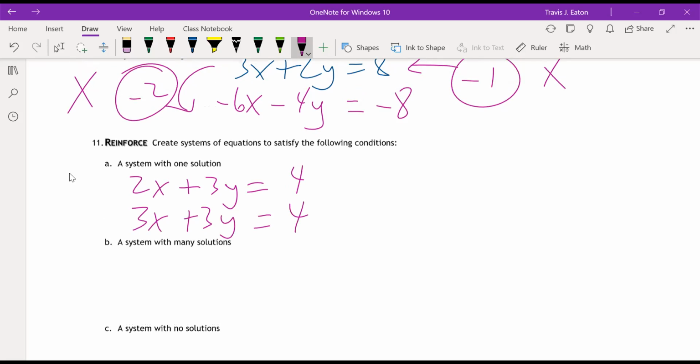I'm just going to make those exactly the same, except for that one thing. So let me show you really quick what that looks like in Desmos. 2x, and I know you're not seeing it just yet, but you will, plus 3y equals 4. And 3x plus 3y equals 4. And I'll show you what that looks like in Desmos.